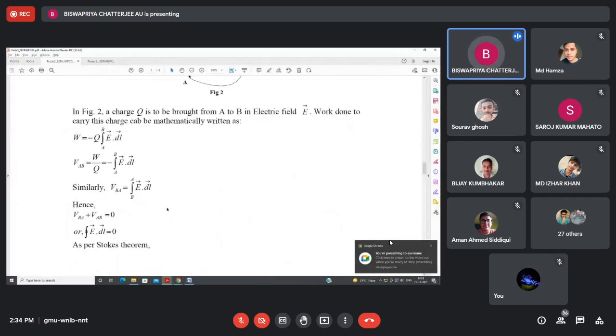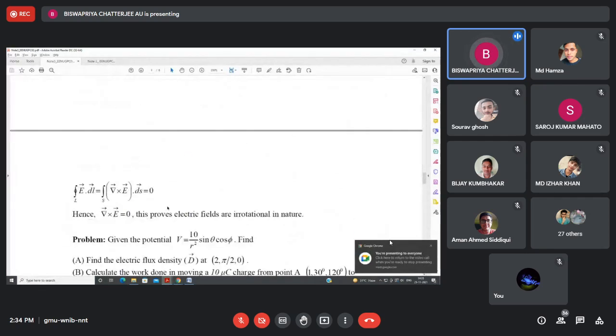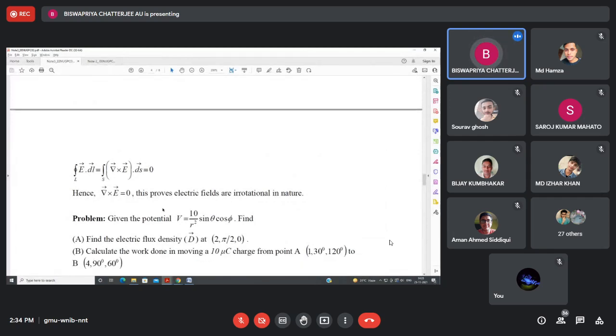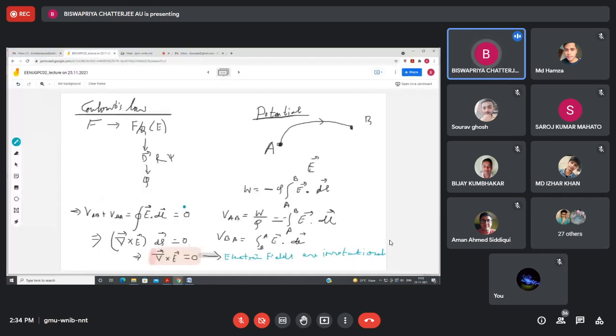This is exactly the same thing written here. If you have any question, you can ask me. This is a very important derivation. Del cross E is equal to 0, which signifies that electric fields are always irrotational.